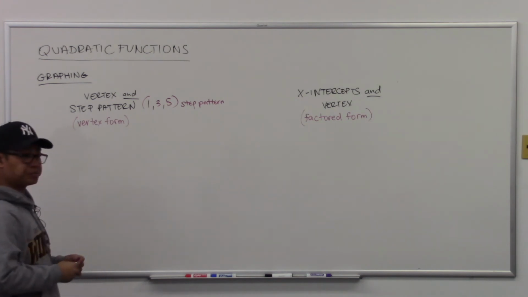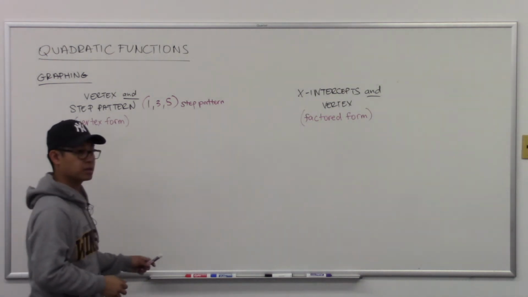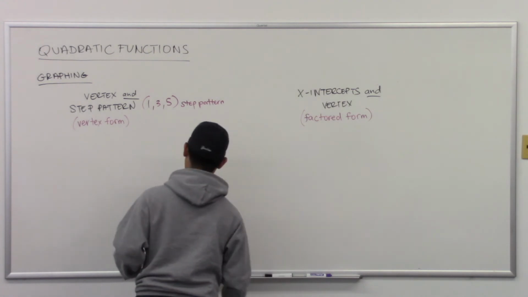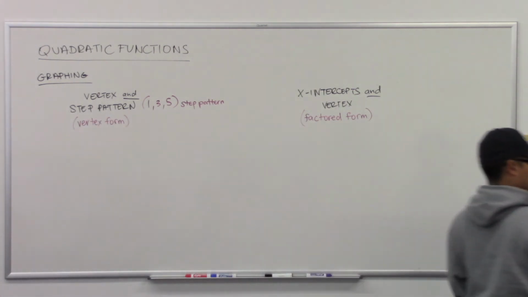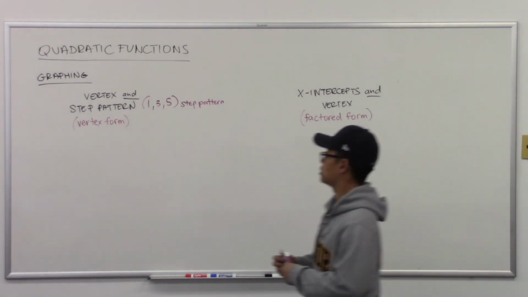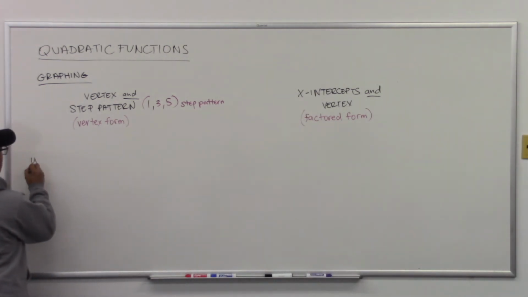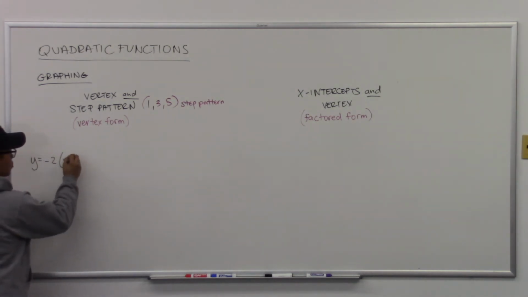Okay, so let me give you an example. What if I said, here's my pen, to graph y is equal to -2 x minus 1 squared plus, let's say 6.